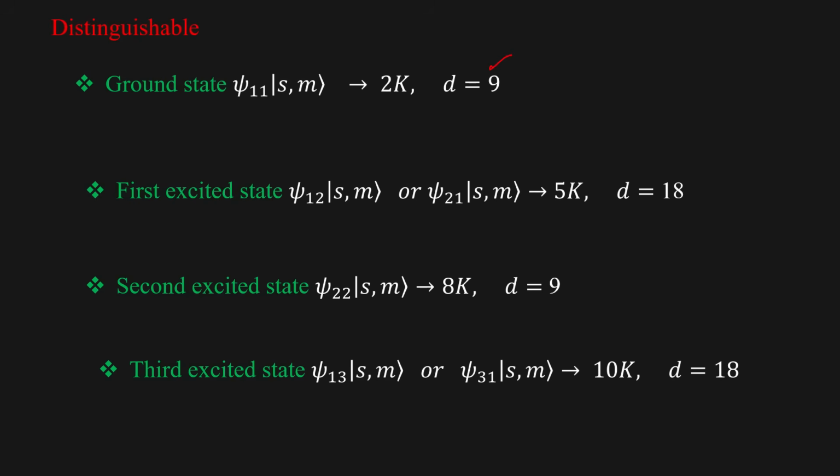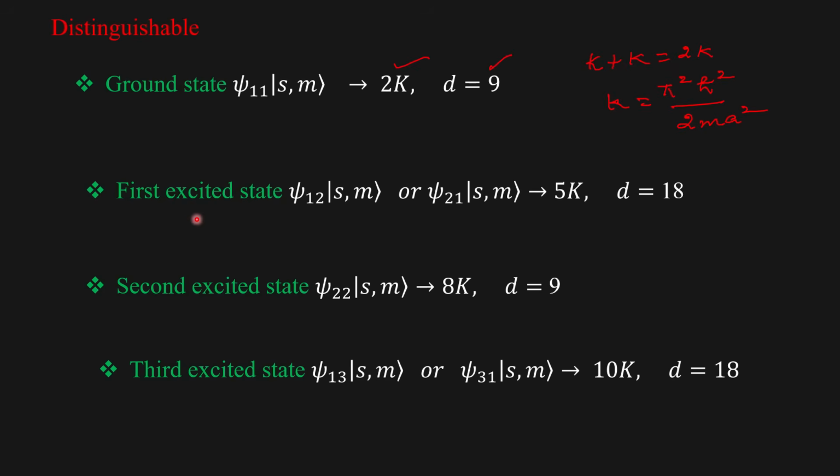So you have the first particle at energy level k, the second one at k, then the total is 2k. We know k is equal to pi squared h cross squared over 2ma squared. So this is 2k.